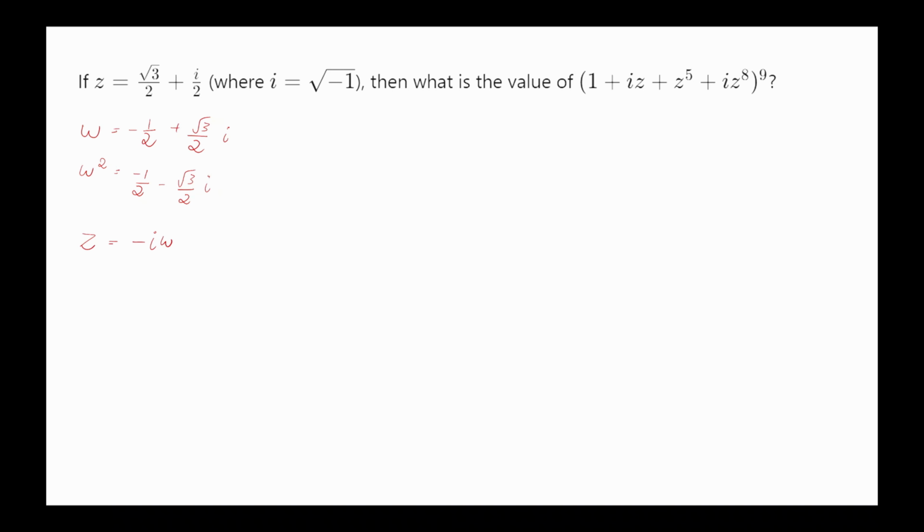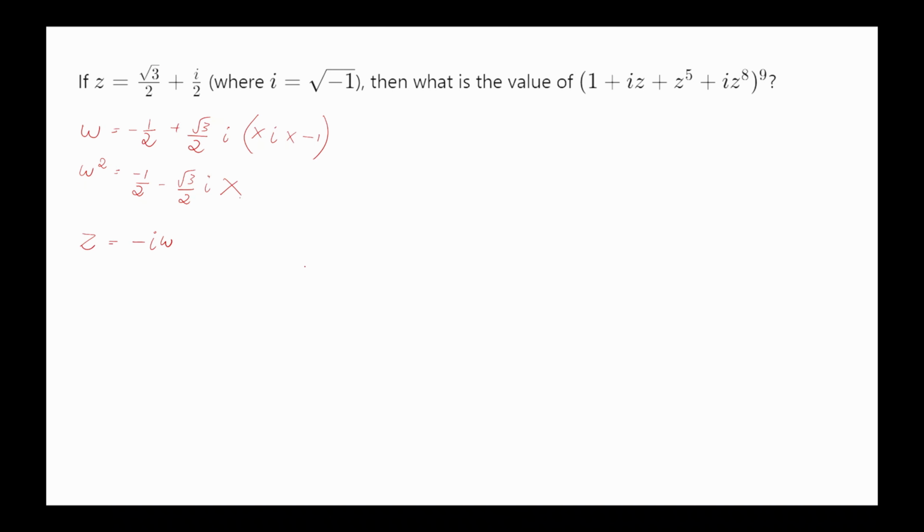Omega square, I'll need to multiply with a plus sign, then I'll multiply with an iota. However, I'll get a minus sign in the root 3 by 2. So omega square cannot be used. Basically, I can only use my omega. So if I multiply this with iota into omega, and then multiply with a minus 1 as well, wouldn't this become the z that we are trying to find out? So basically my z is minus iota omega.